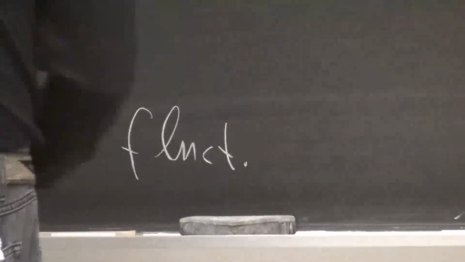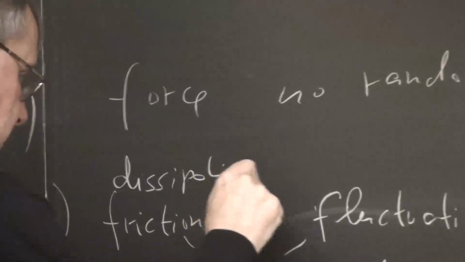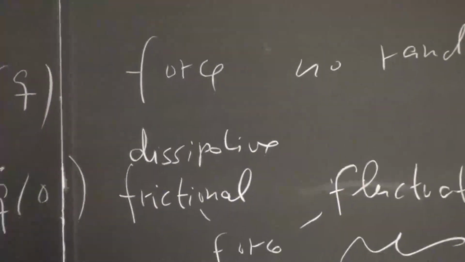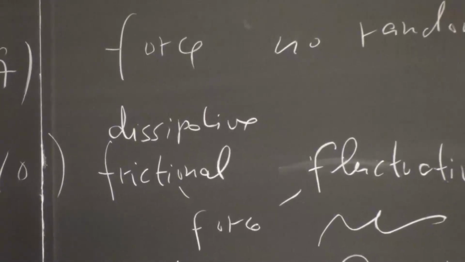Maybe, sorry, frictional, you also call it dissipative forces. I should have written here dissipative. So frictional is totally fine, but if you want to be fancy, you call it a dissipative force.